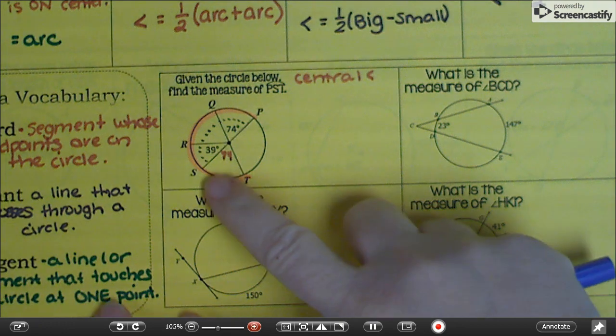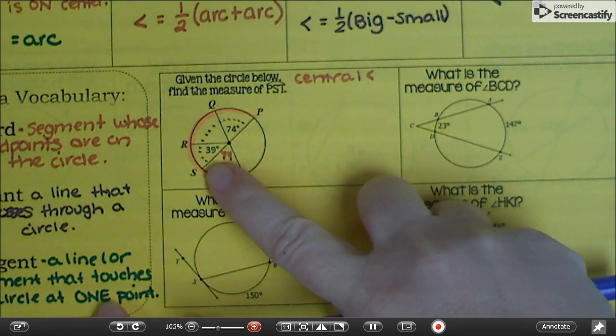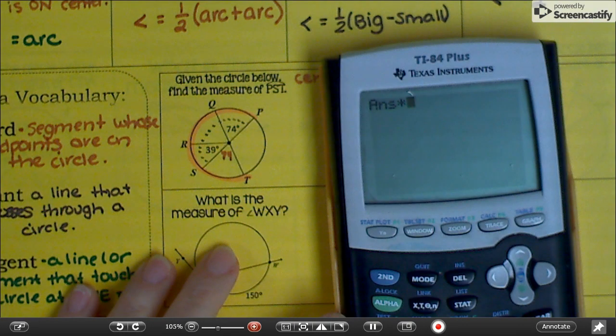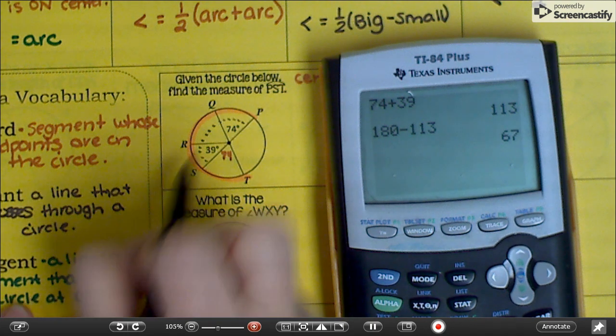They're on a diameter. Do you see that diameter going straight across the center? So we know that these three angles would have to add up to 180. So I'm going to do 74 plus 39, and then 180 minus 113. So this is 67 degrees.